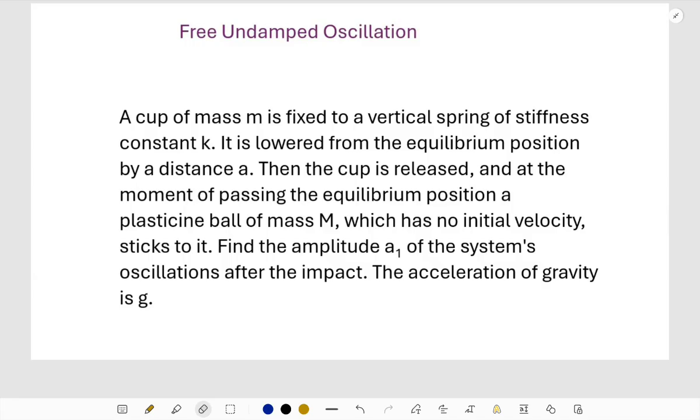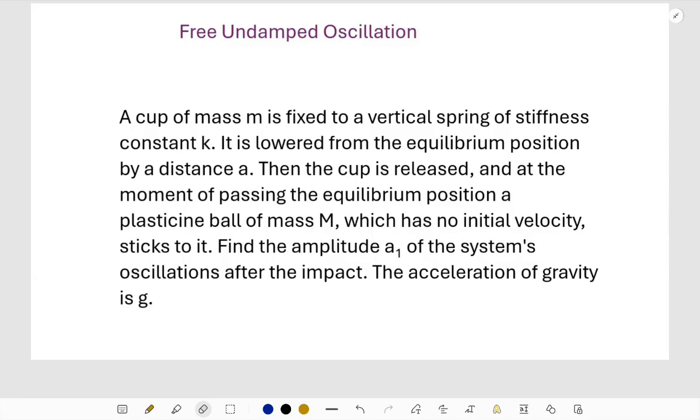It is lowered from the equilibrium position by a distance a. Cup ka mass m, don't forget it. And then it is lowered from the equilibrium position by distance a. And the cup is released.